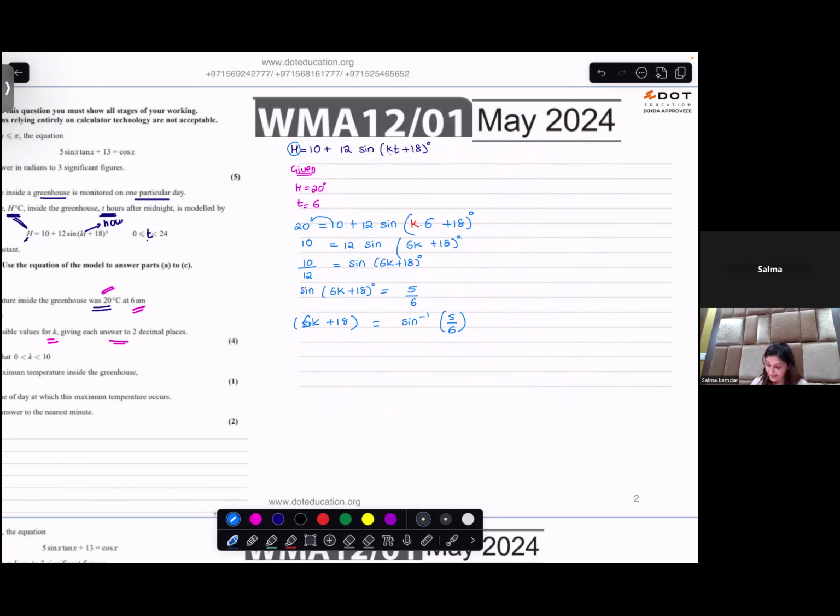When I put this on the calculator, I will get 6K plus 18 is equal to shift sine inverse 5 by 6. Okay, now this is in degrees, it's not in radians, so do not forget to again change your calculator to degrees.